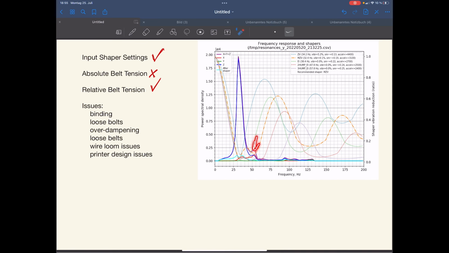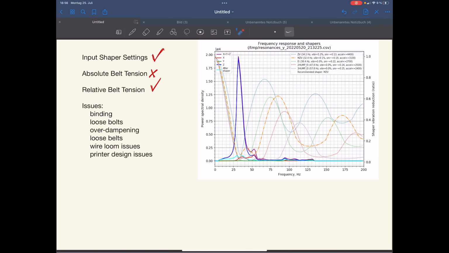But this is a loose bolt in this case, and for big movements on Y it will have more impact than you can see on this measurements graph. So if you get something like this, just have a look after applying input shaper. MZV is something to check if everything is okay on a good printer. If you apply it and still get ringing and such a side peak, it's usually an indicator for a loose bolt.